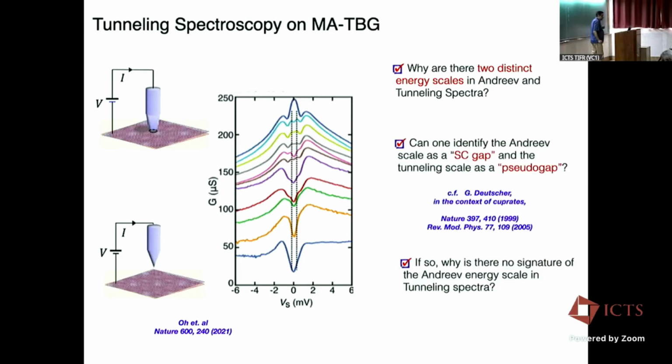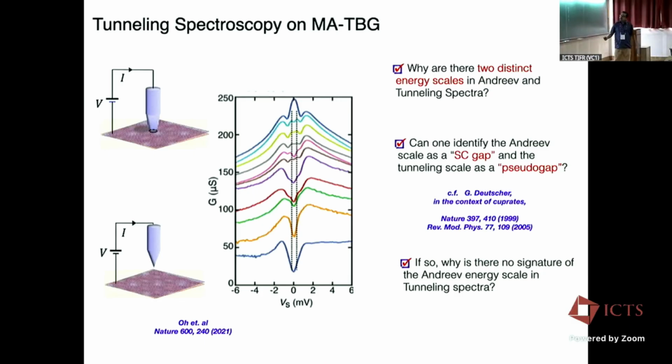Okay, so next question is, maybe we go back to what we had learned about cuprates and so on, and we can say that, oh, maybe this is something that has not been said very clearly, but has been a sort of a lore in the literature, that the Andreev measurements must be looking at the Cooper pair or the coherence scale, if you define it in some way.